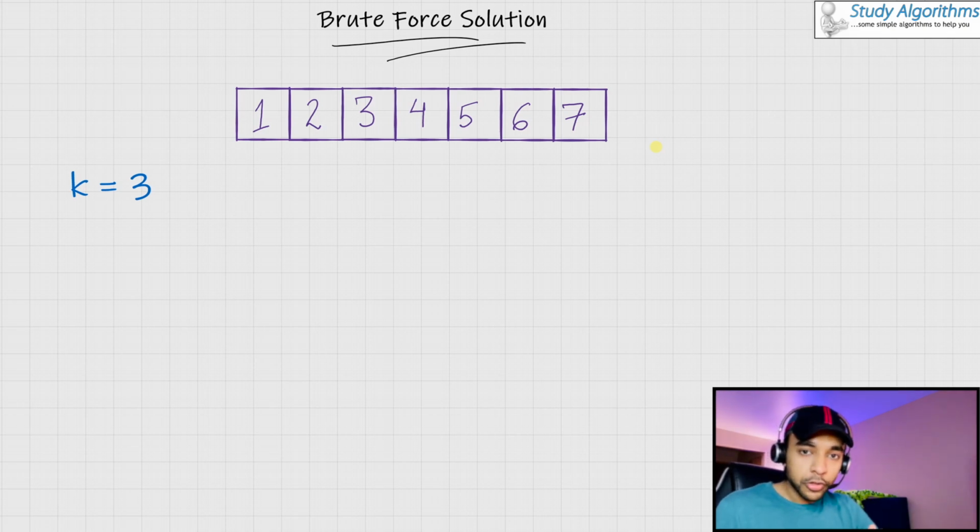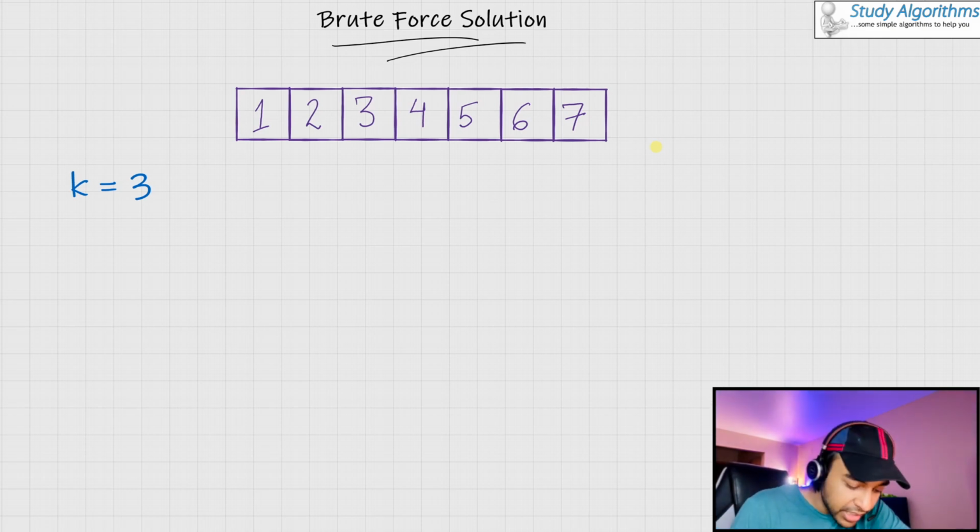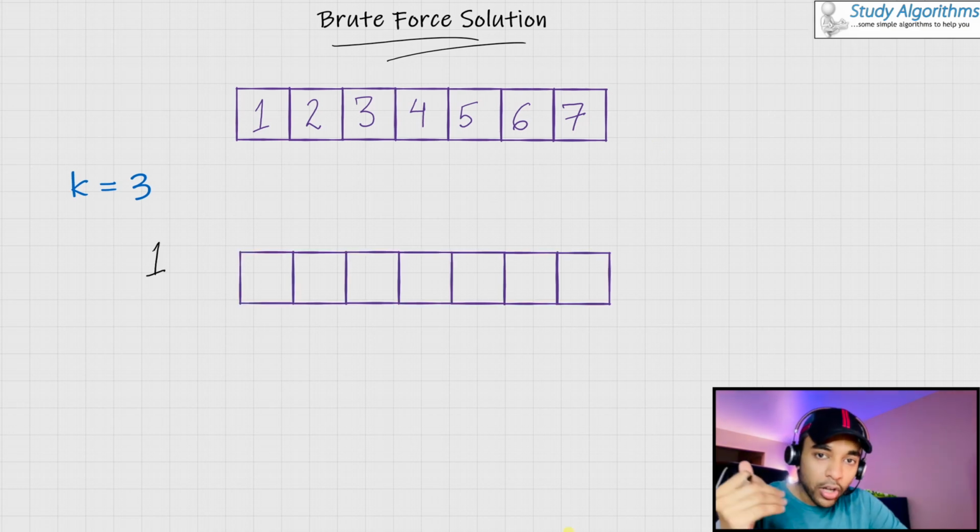A brute force solution to this problem would mean that you want to solve this problem by hook or by crook. So one way to solve this problem would be to actually rotate the array one by one. So what you can do is you can keep the first element aside and copy all the elements one by one to their previous positions.